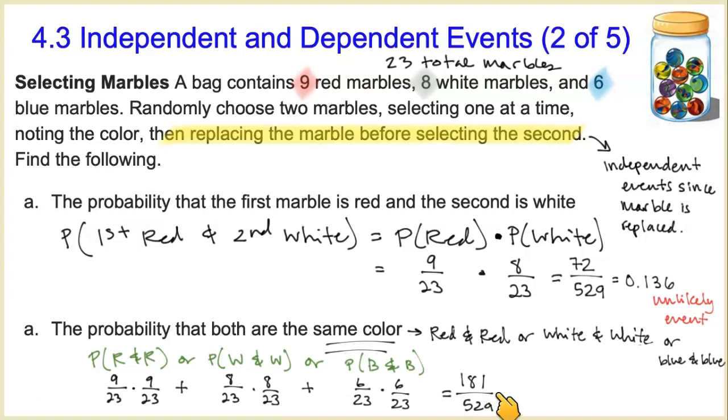We know that this event is more likely to happen than this one because the fraction is larger. How much more likely? 0.342, which is still a somewhat unlikely event. It's greater than 0.25 but less than 0.5. So this is how we look at an independent event.